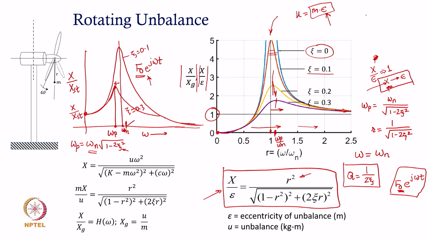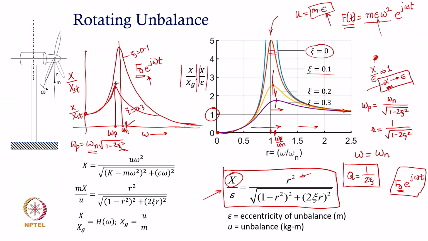Mathematically, what is epsilon? It determines the magnitude of your unbalanced excitation force, f of t. When you reduce epsilon, you are essentially reducing the excitation force itself. So, when there is a minimum force exciting the system, there will obviously be minimum response, of course away from the resonance. And of course, even otherwise this x is going to depend on the magnitude of your excitation force.